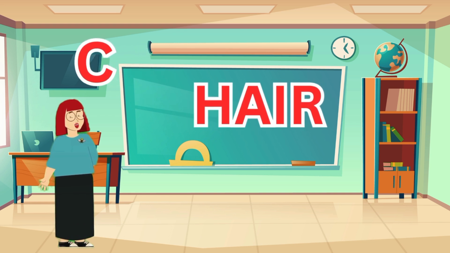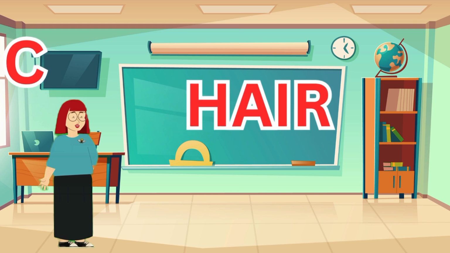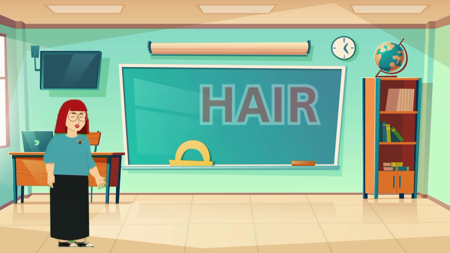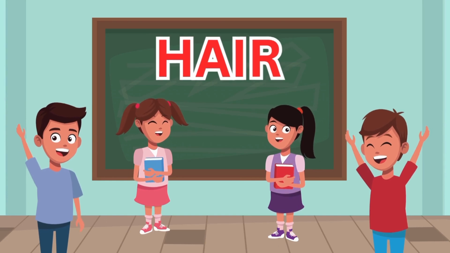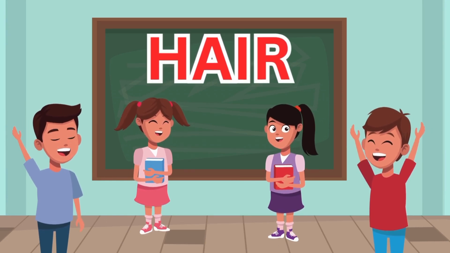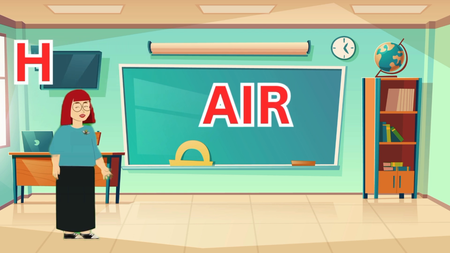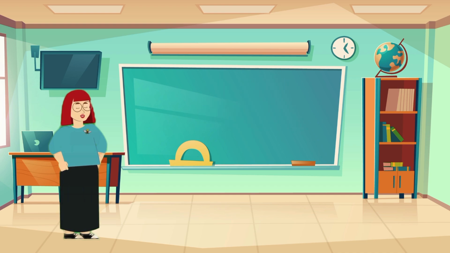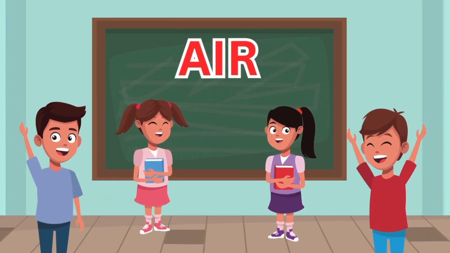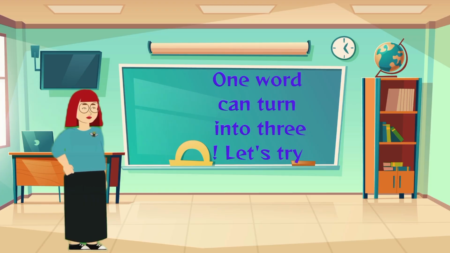Now, let's see what happens when we take away the C. What word do we get? H-A-I-R. Hair. Yes! Now, if we take away the H, what's left? A-I-R. Air. Awesome job! See? One word can turn into three.